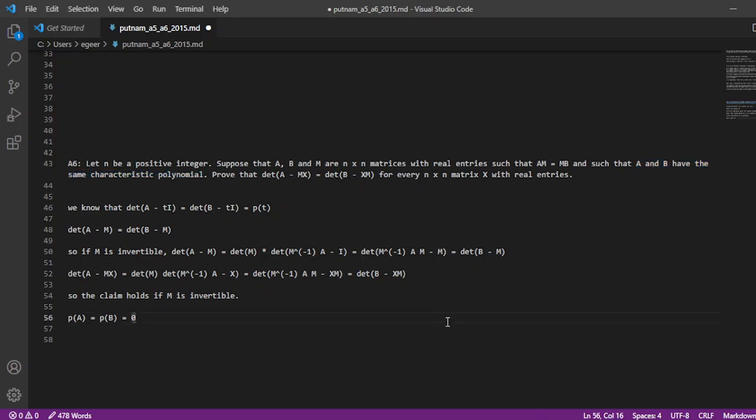So since we don't know that, we're given this different piece of information, and we're supposed to sort of make it be enough, if that makes any sense. And one thing we can observe is that PAM is going to be equal to MPB.